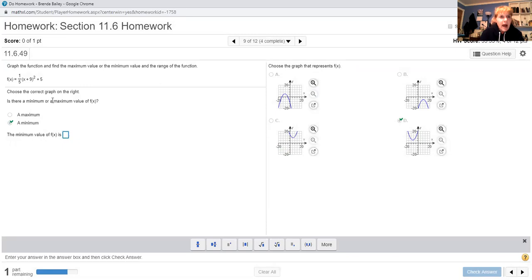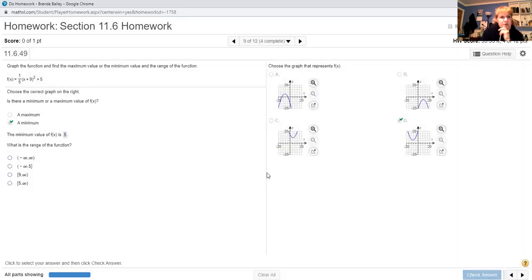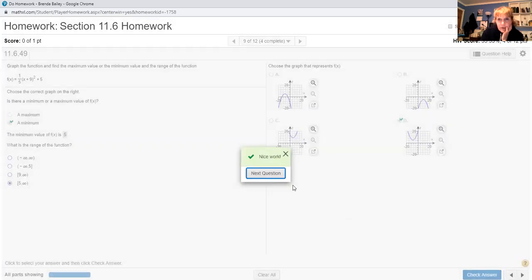The minimum value is the y coordinate of your vertex, which is, our vertex is a -9, 5. So it's 5. Check answer. And because it's a minimum, we start at 5 and we go up. So it's 5 to infinity. Check answer. Awesome.